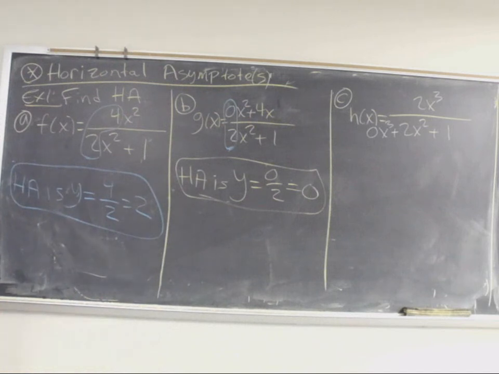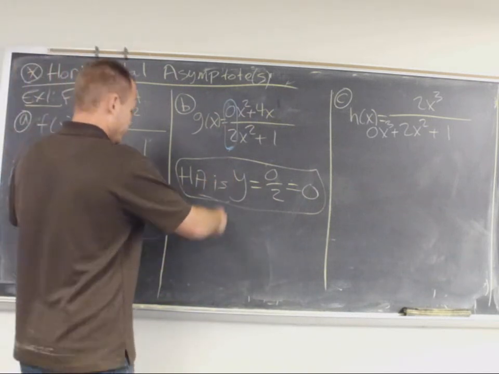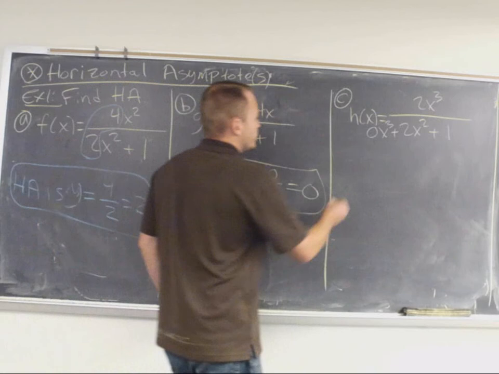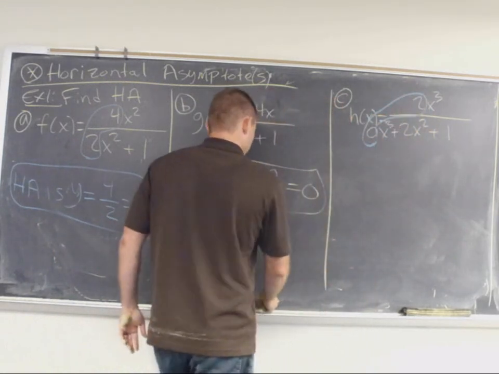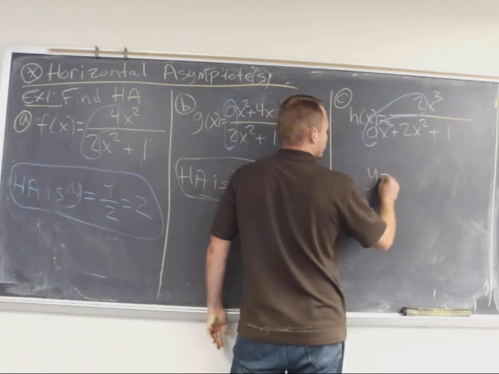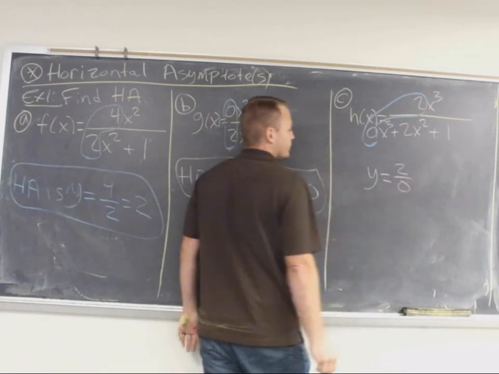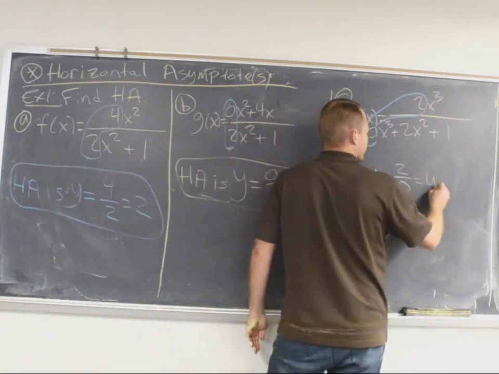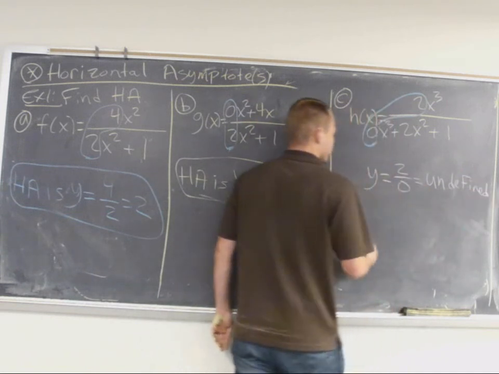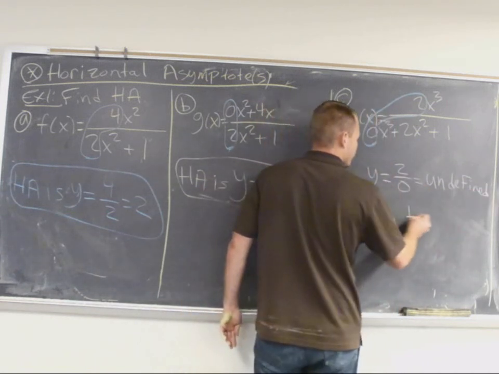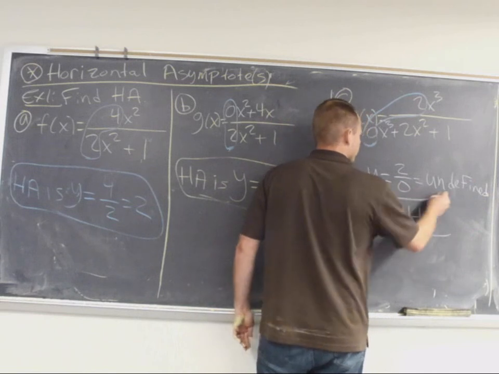Now I've made them the same, and it works exactly like I've done over here. I take the coefficients, so 2 divided by 0. So I say y equals 2 divided by 0, which is undefined, or does not exist, however you want to say it. That means there is no horizontal asymptote here.